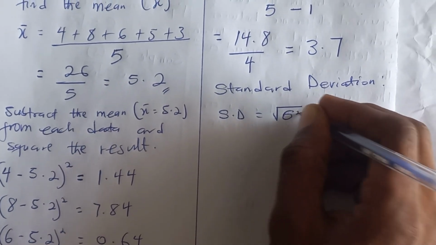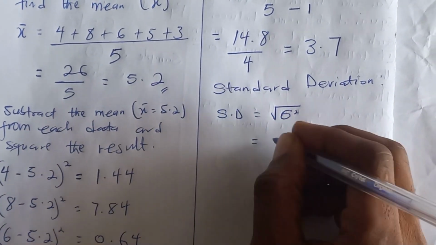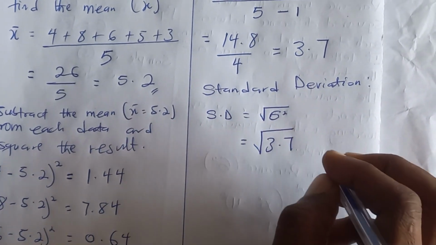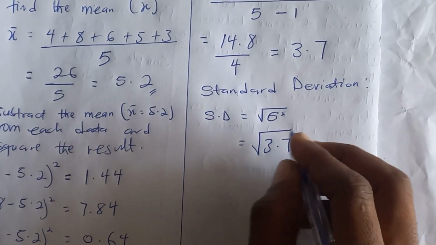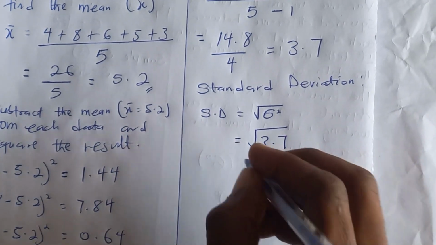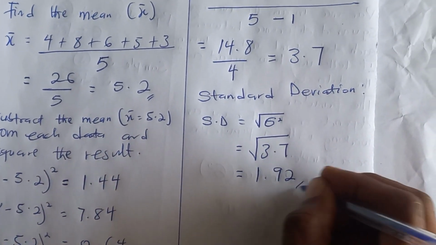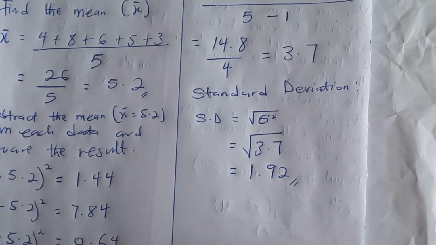In this case, it's the root of 3.7, and the root of 3.7 is 1.92. So this is our standard deviation.